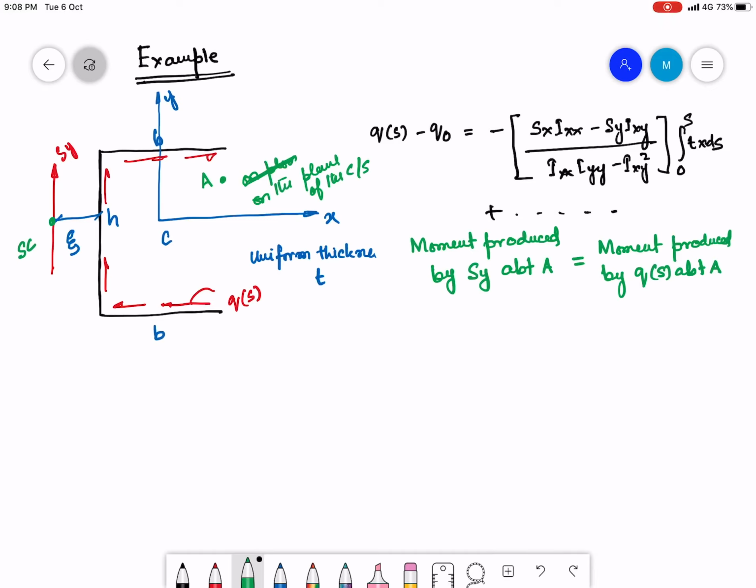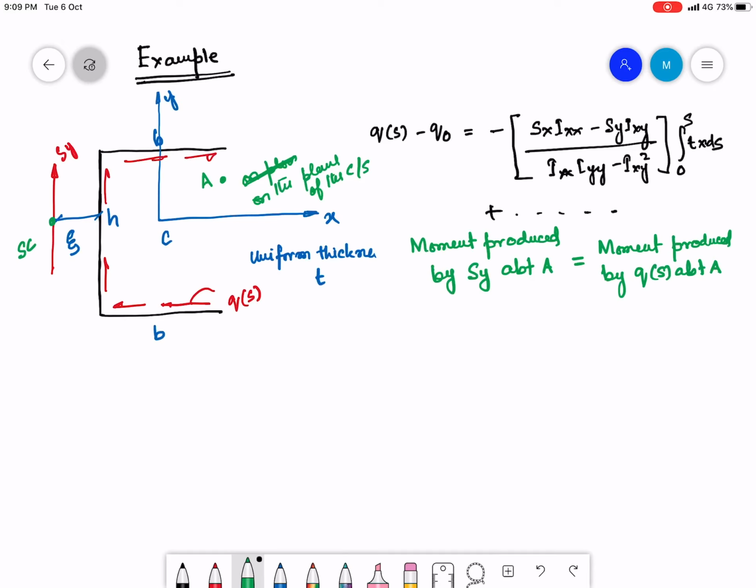Now it is our job to choose this A wisely or smartly, so that the calculation that we need to do is minimized, right? In principle I can choose any A. I have to just find out the moment produced by Sy about A, and the moment produced by Qs about A. But to minimize the work needed in calculating this moment, I should choose A smartly.